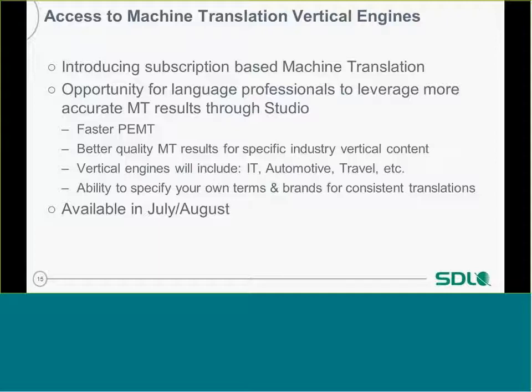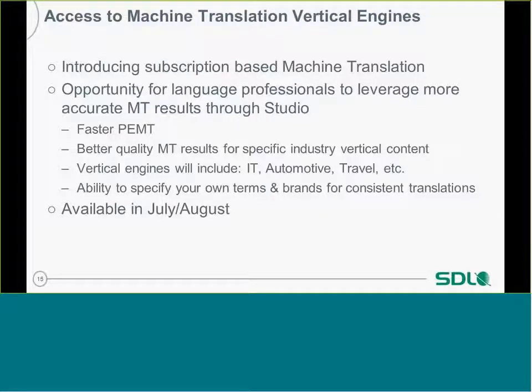What that means is that rather than getting a generic machine translation result, you get results which are customized for those particular industries. So if you're working in those industries, using these engines will give you some improved results, which means that you have to do less editing of those results.